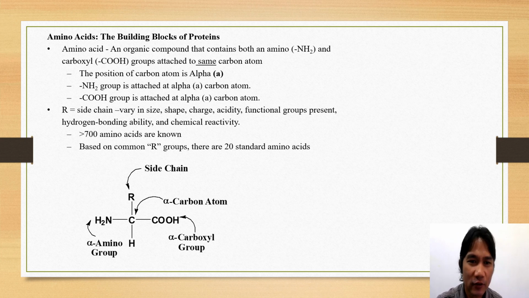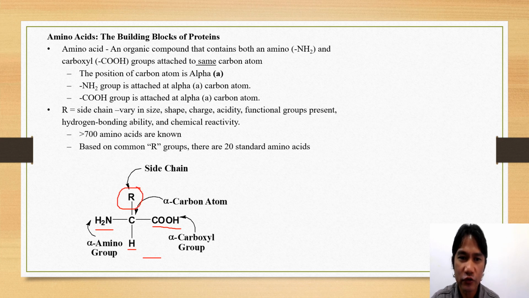As you can see in this structure, this shows the general structure of amino acid. On the left side, that is an amino group, and on the right side of the carbon, you have the carboxyl group. Okay, and then it has a hydrogen atom and an R group or side chain.